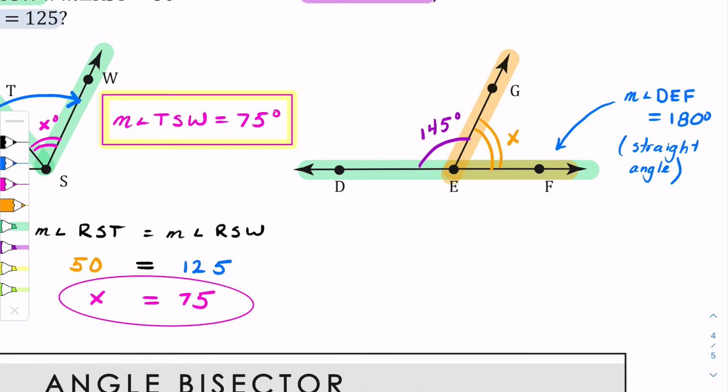If I write out my angles, I know that the measure of angle DEG plus the measure of angle GEF is equal to the total measure of angle DEF.